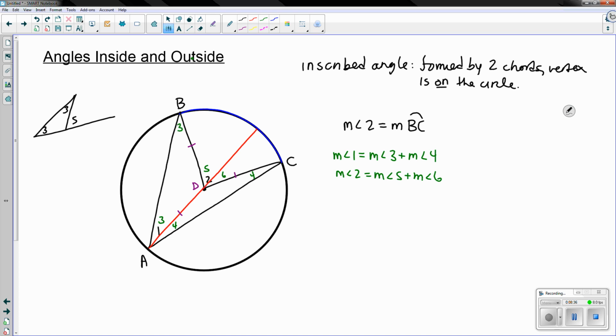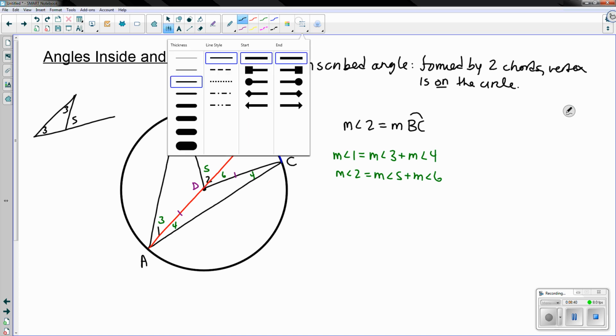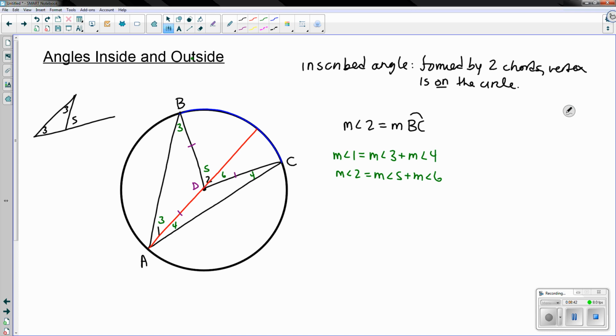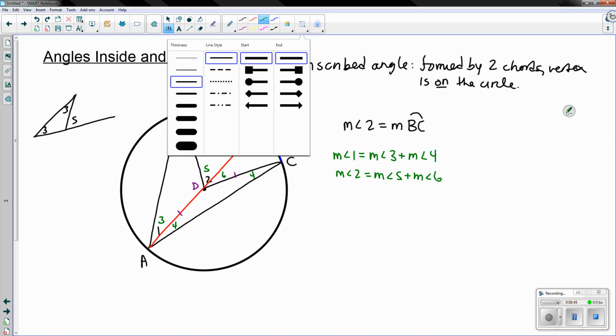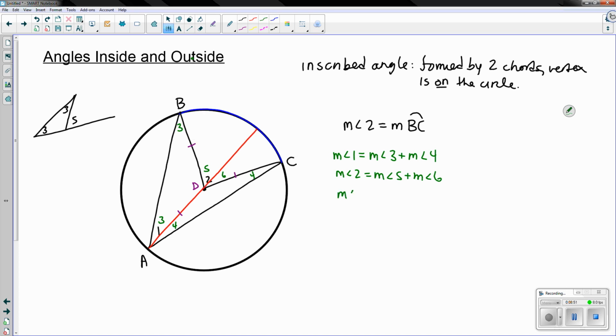And we know that the sum of remote interior angles is equal to an exterior angle. So we can also make this conclusion that angle 5 is the measure of angle 3 plus the measure of angle 3, which is 2 times the measure of angle 3.